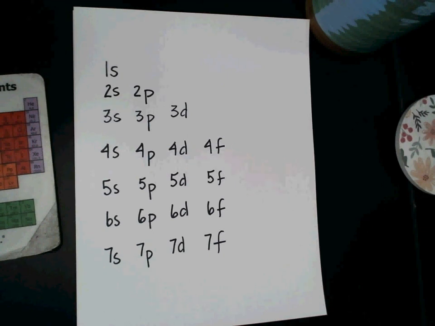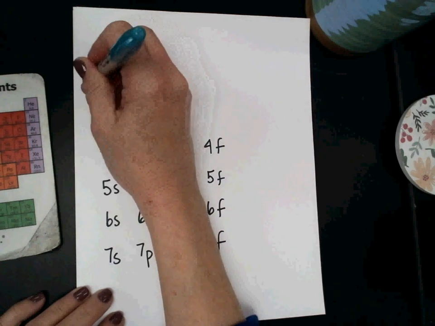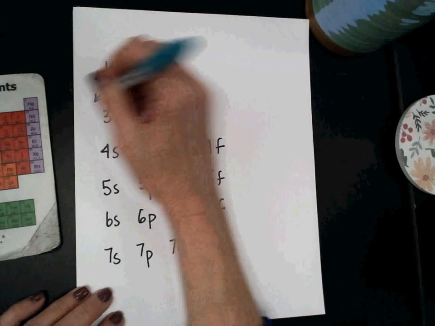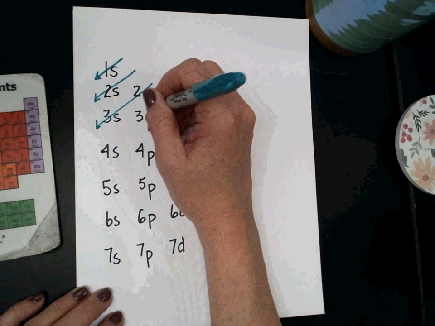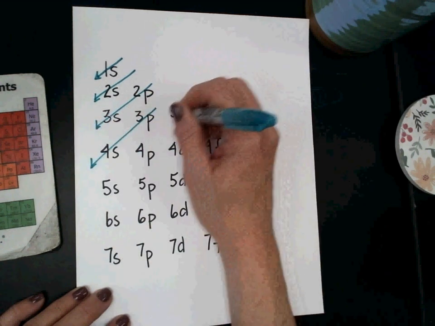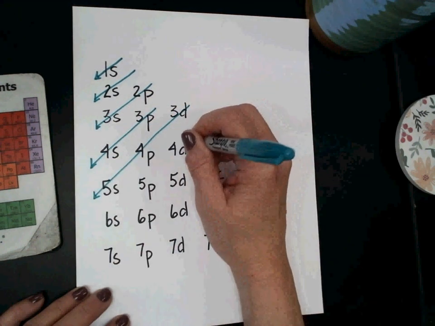And then once you have that on your card, I want you to go through and draw arrows the way that I'm doing it. And it's really important that you get them in order.